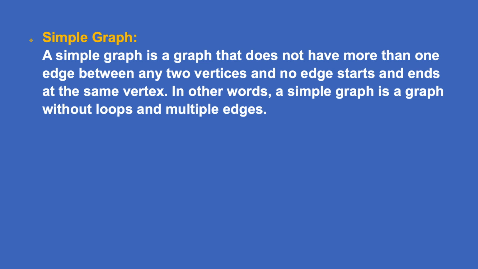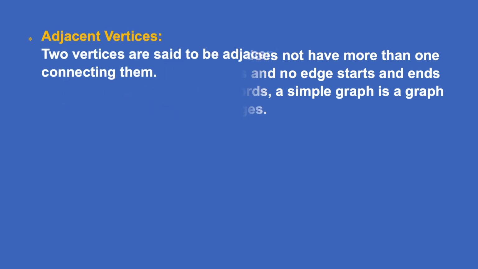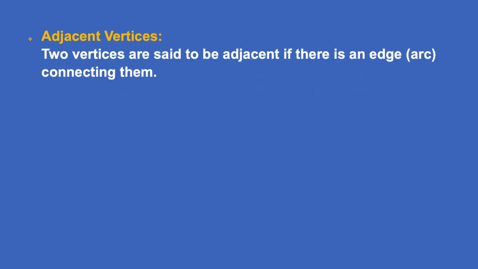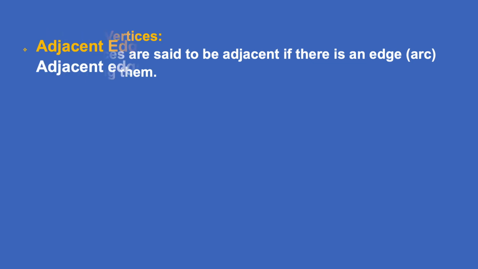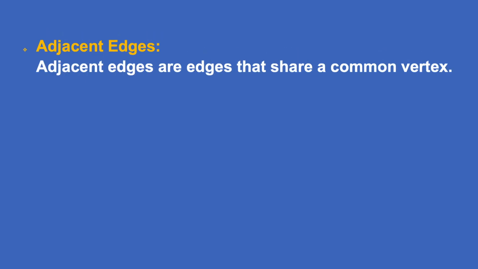In other words, a simple graph is a graph without loops and multiple edges. Adjacent vertices. Two vertices are said to be adjacent if there is an edge or an arc connecting them. Adjacent edges. Adjacent edges are edges that share a common vertex.